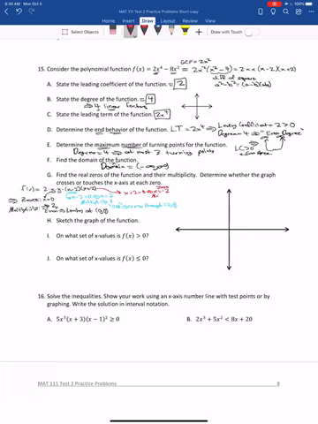And our multiplicity, the number of times that factor is used, is once. We only have one of the x plus 2 factors. So again, we have an odd multiplicity, so that implies touches or crosses. Well, odd, it crosses through. Crosses at (-2, 0).